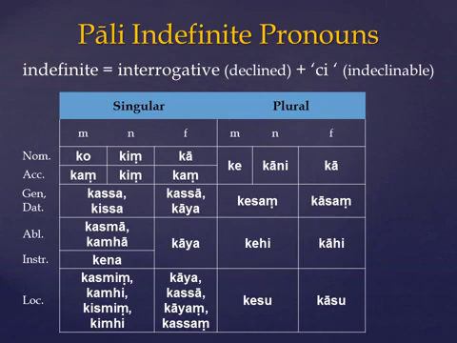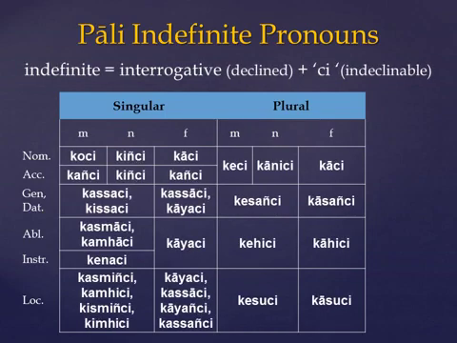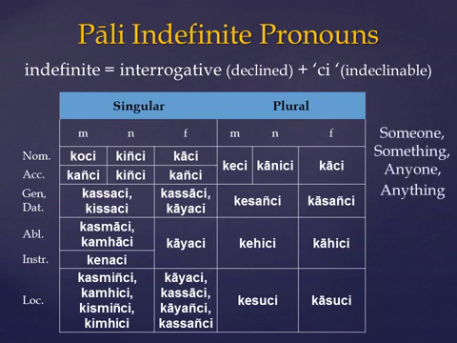And this is still true when the thing that they represent is indefinite. So we can tell that the pronoun is indefinite because it always ends with the particle chi. And in English we can render this with the indefinite pronouns someone, something, anyone or anything, depending on what best fits the context.